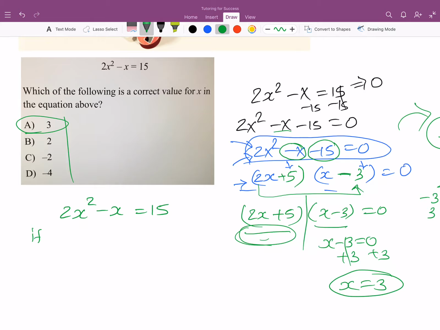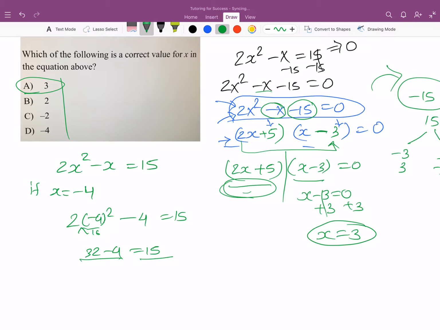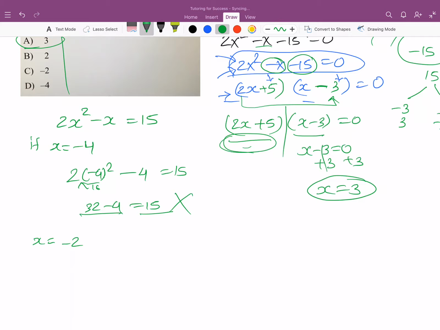So if x is equal to negative 4, that will be 2 times negative 4 squared minus negative 4 equals 15. That negative 4 is a negative number, but if it's squared, it will become positive, which is 16, and 16 times 2 is 32 plus 4, and you clearly notice it is not a valid statement. This part and this part are not equal, so it can't be. So negative 2. What happens if x is negative 2?